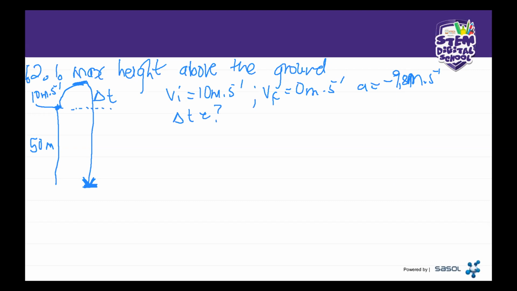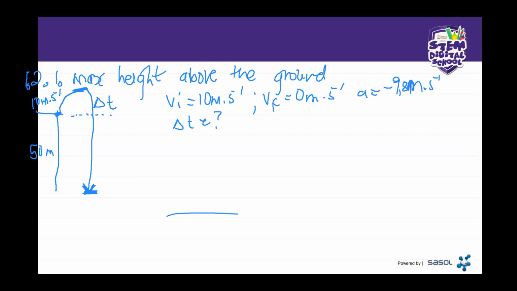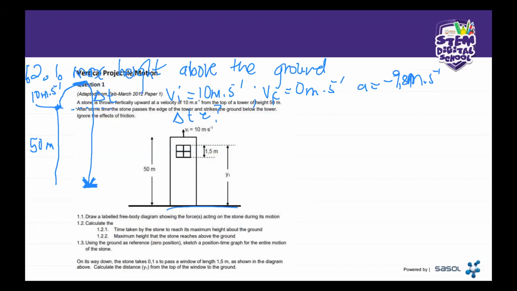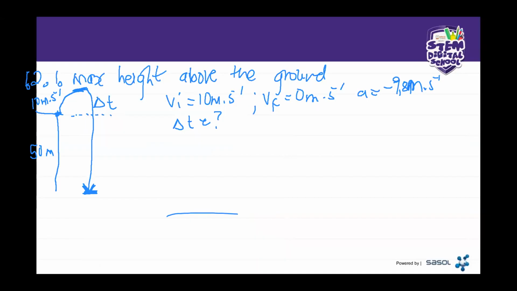Okay, so what equation are we going to use? Here we're looking for the maximum, oh no, not maximum height. Sorry about that. We're looking for the time taken. We're looking for the time taken by the stone to reach its maximum height. Okay, so I just made a mistake there.